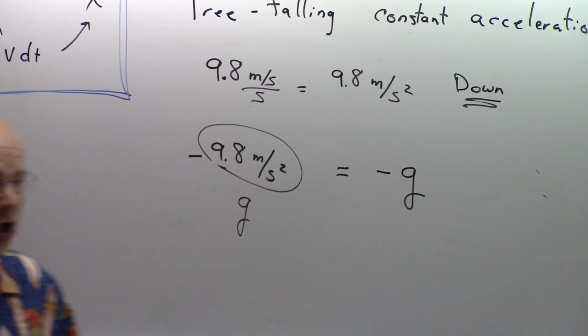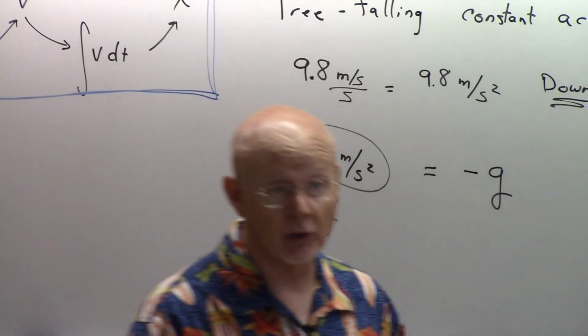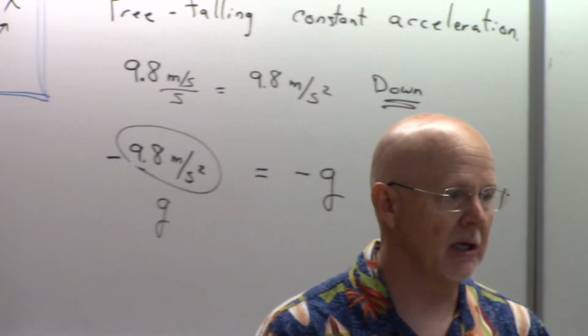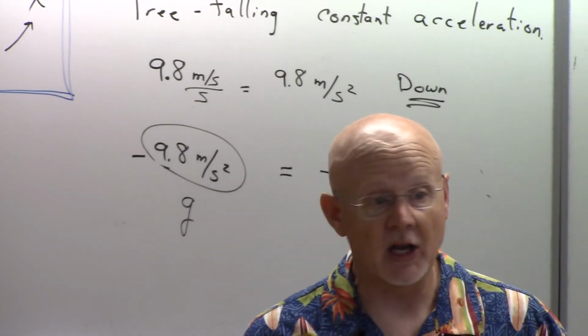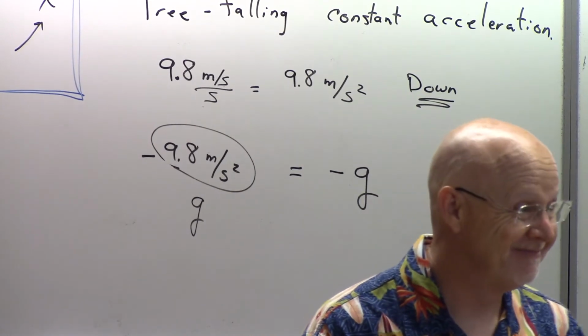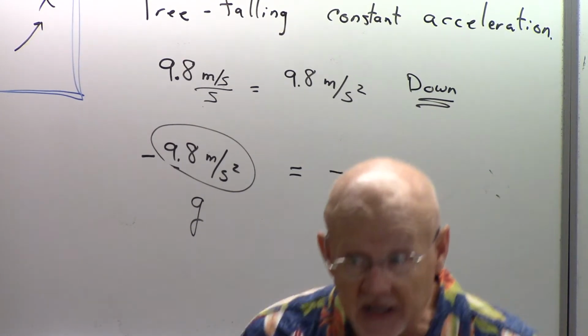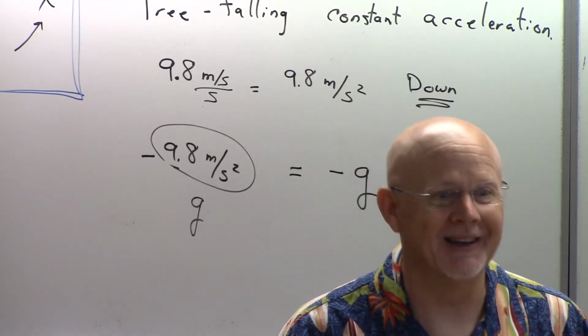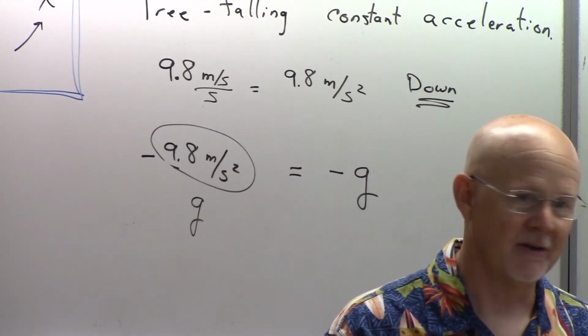That way you could call down positive, and sometimes people do. But I'm going to emphasize, let's not here at the beginning. There is an advantage of not calling down negative, because then you don't have to deal with negative numbers. Then there's the disadvantage of, I'm so used to calling down negative that I'm confused. And so that's the trade-off.